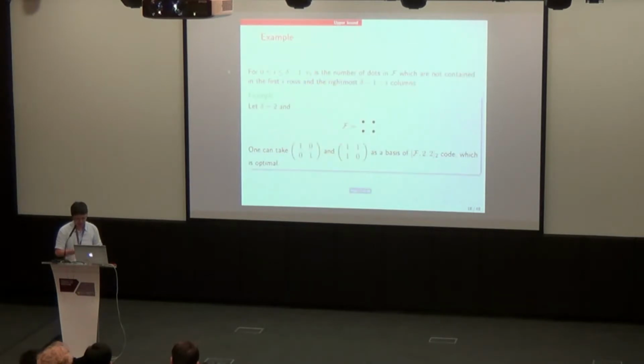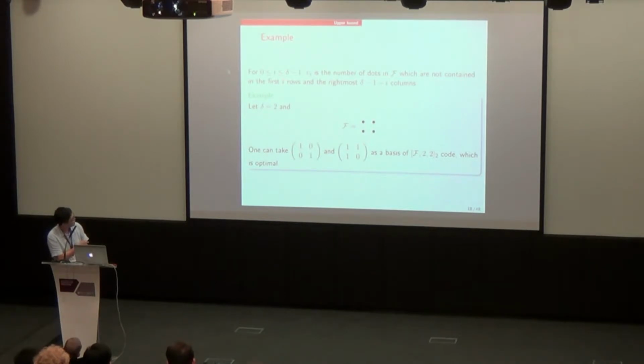Okay, here we give an example to illustrate the definition of v_i. This is a 2×2 Ferrers diagram. According to the definition of v_i, here δ equals 2, so i equals 0 or 1. v_0 is the number of dots which are not contained in the 0 rows and the rightmost one column. So 2 dots are left.